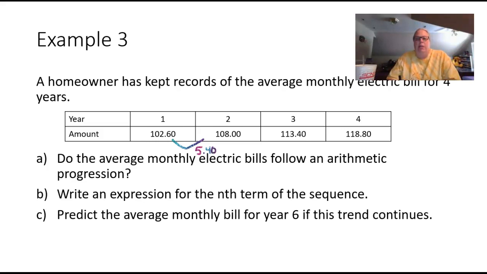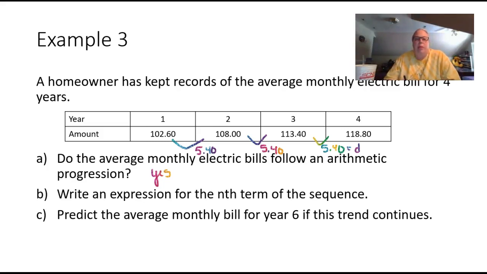And when we subtract 113.4 from 108, we get 5.4. And when we subtract 118.8 minus 113.4, we get 5.4. So because all these common differences are the same, we can say yes, it does follow an arithmetic progression.